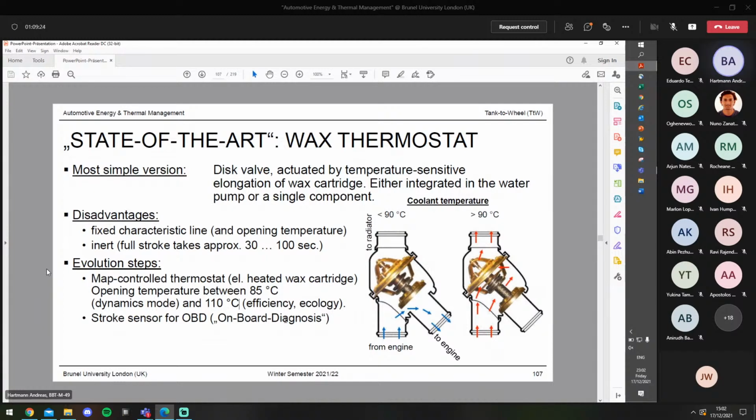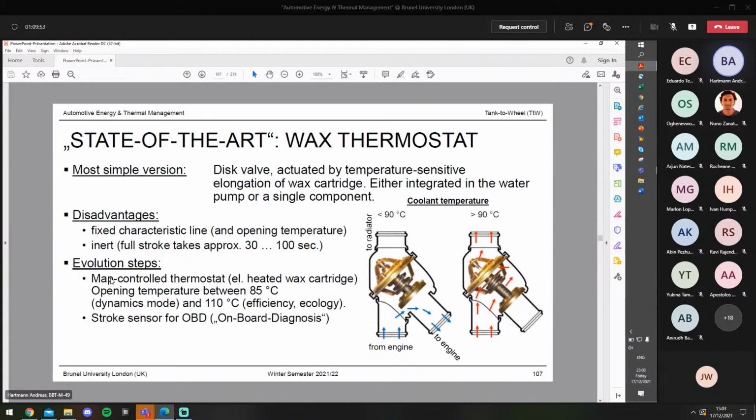So let's consider you are driving steady state operation, maybe 110, 120 kilometers per hour on the highway. Then you could easily go to a very high temperature of the coolant to, again, achieve high efficiency of the engine. But if the driver then suddenly pushes the pedal to accelerate, then the engine may overheat very quickly.